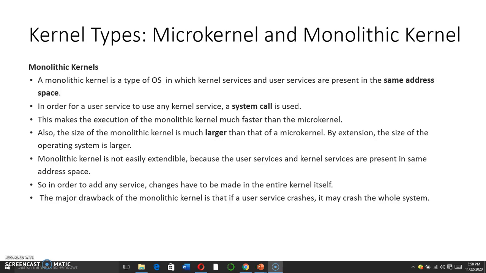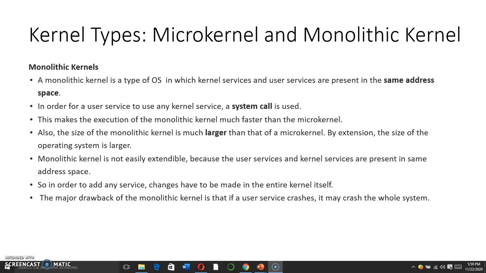Also, the size of the monolithic kernel is much larger than that of the microkernel. By extension, the size of the operating system is larger. Obviously, that's because the user services and the kernel services are being merged together. Therefore, there will be an increase in the size of the operating system and the kernel by extension.